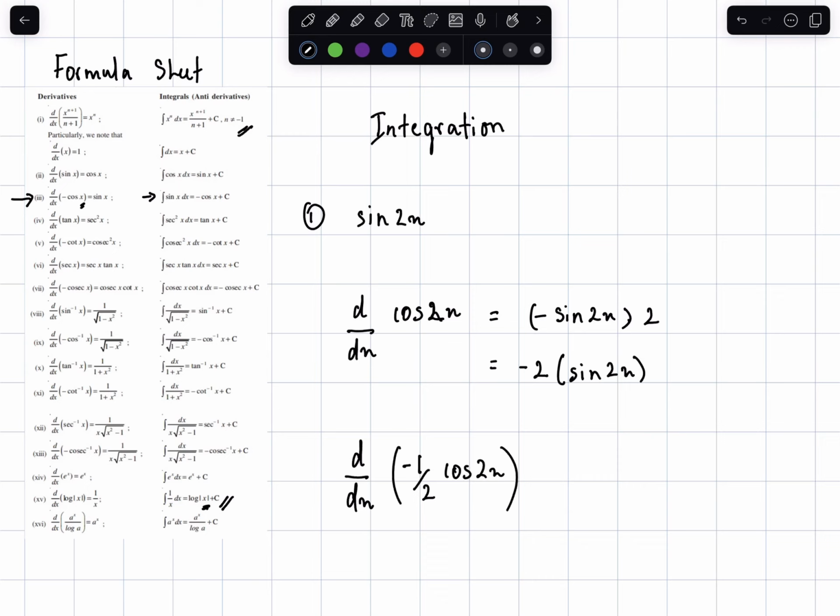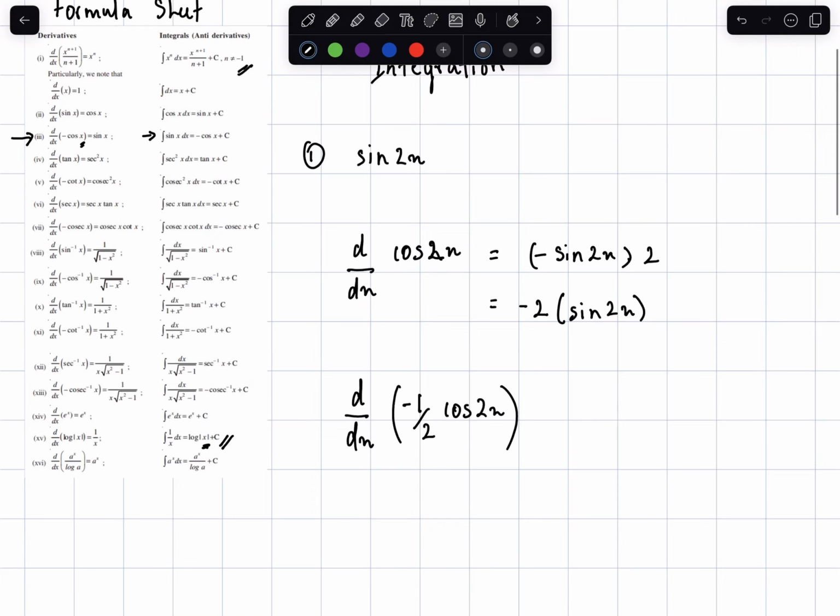Now you might be asking, why did we take minus to the other side? Will it affect? Well, whenever you have this, the half comes out, so it doesn't matter. So we just directly went to the solution: minus half cos 2x.